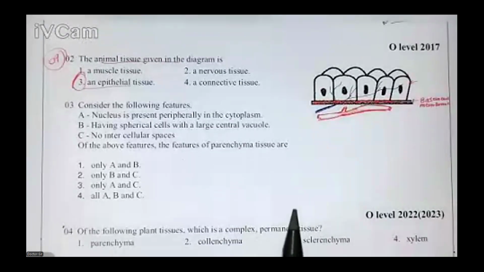Okay, 2017, this also 2017. So what is that question? You have to take your past paper books and find out these questions. What is the real number of this question?